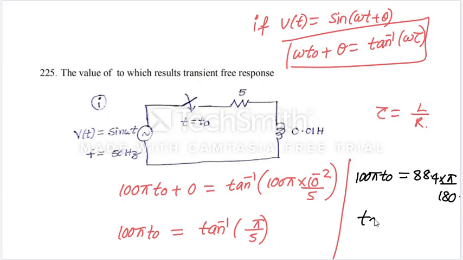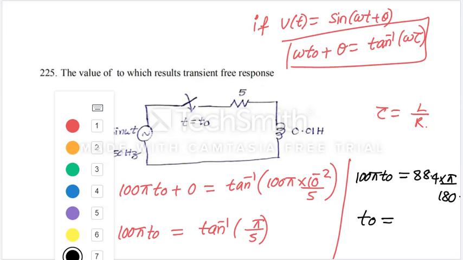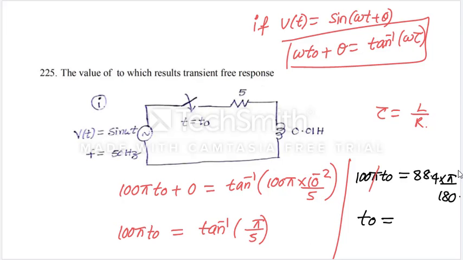So from this, t naught is equal to, pi will get cancelled here, 88.4 by 100 into 180. How much is the value? 4.9 milliseconds.